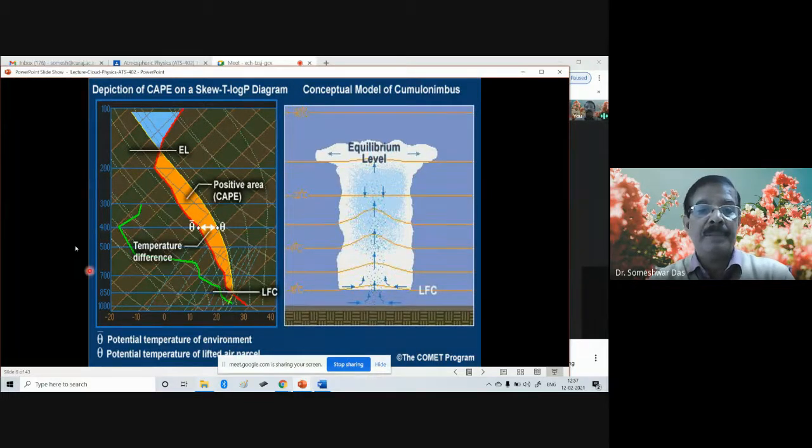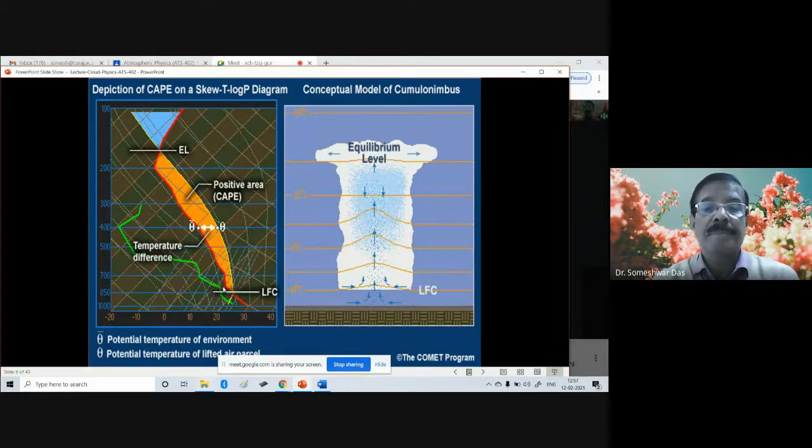The diagram on the left side is a tephigram, which is already familiar to you. On the tephigram, as you can see, these are the moist adiabats.